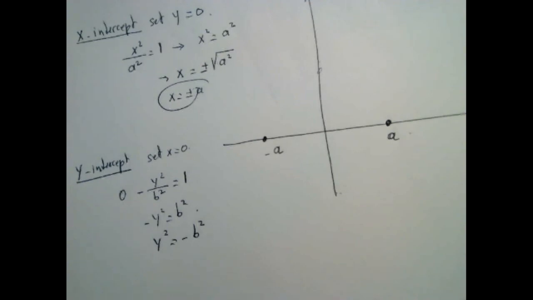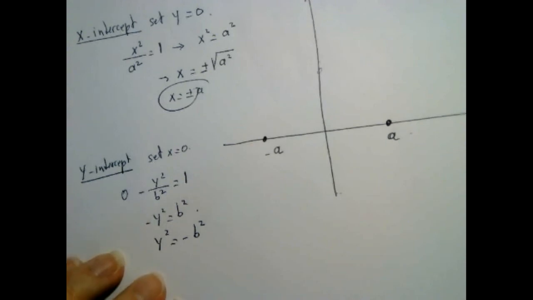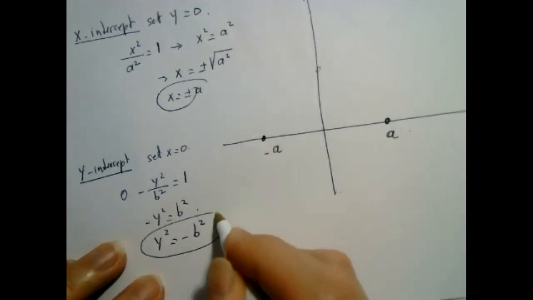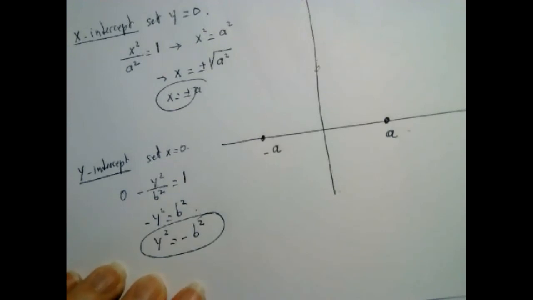Anybody has any comments? Any comment? Can this happen? Can this occur? Is it possible to have y squared equal to minus something?